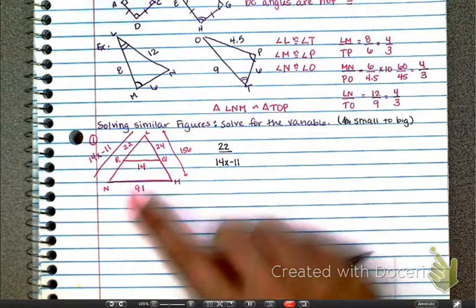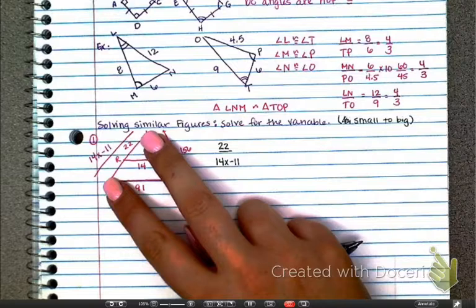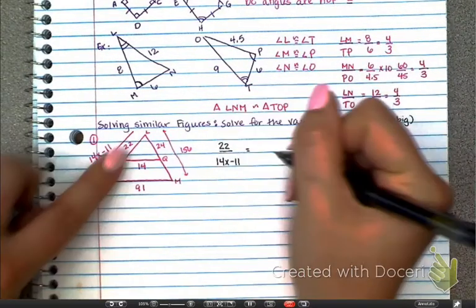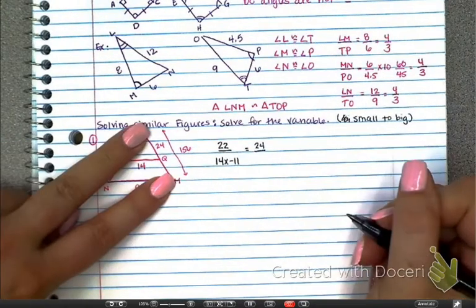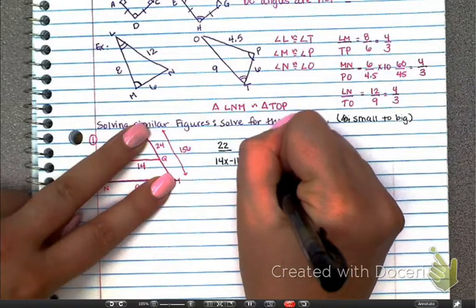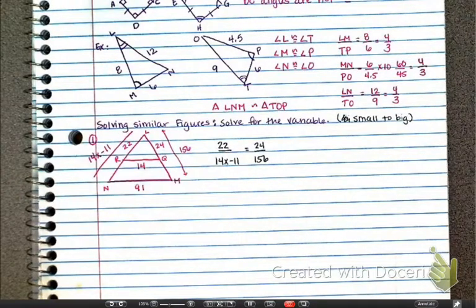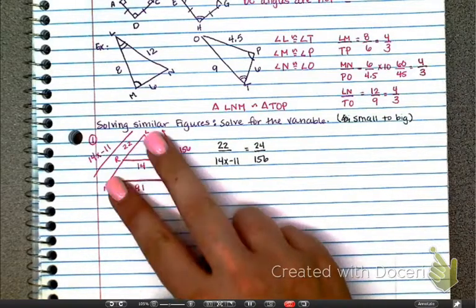Here we're solving. So small triangle to big triangle. We're going to do the same on the other side. Small triangle to big triangle. So small to big, small to big.